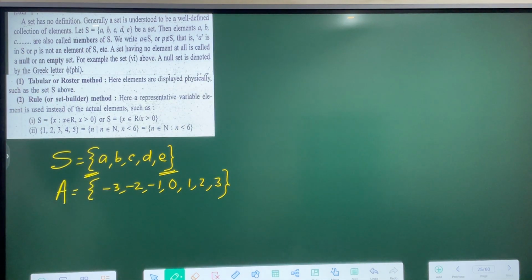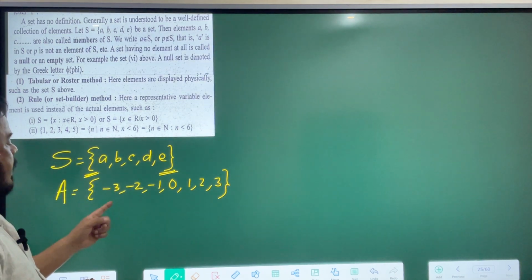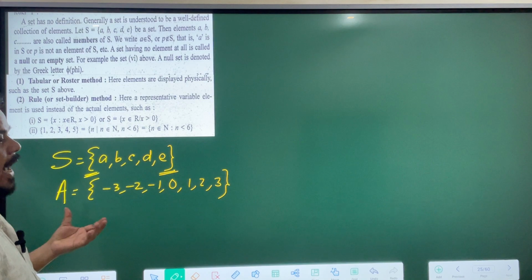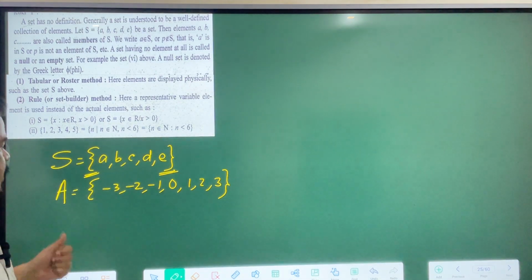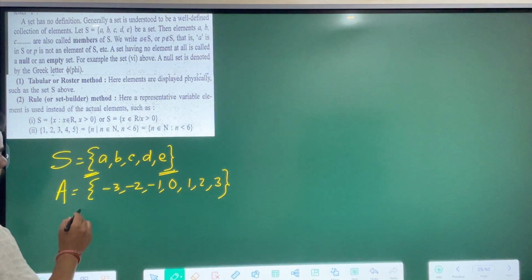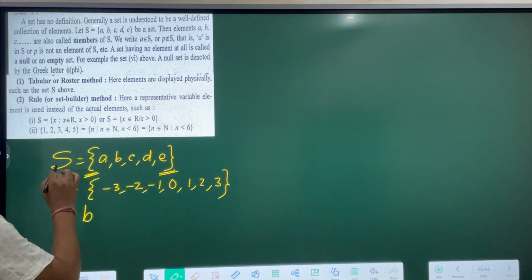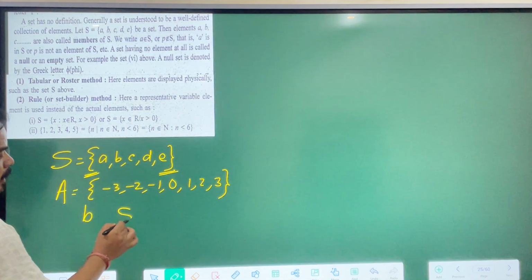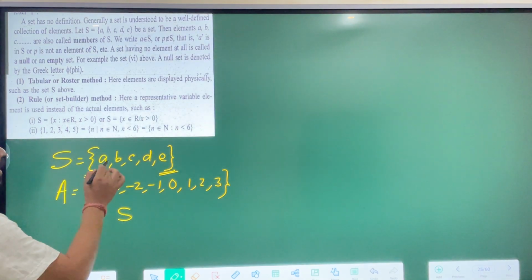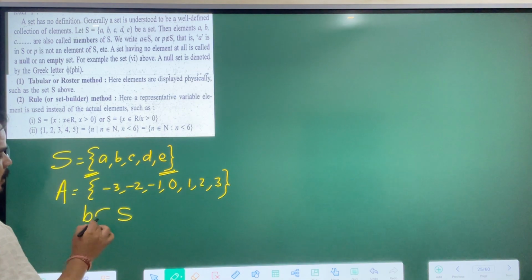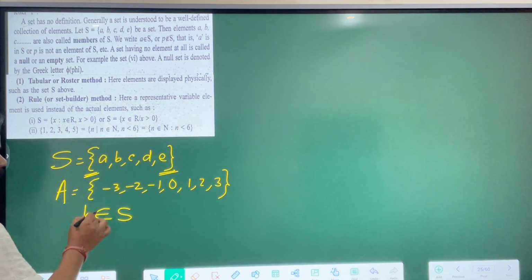Now, which member is present in which set, how can you represent that? Suppose the small letter b is present in set S. So this is the symbol. This is epsilon.